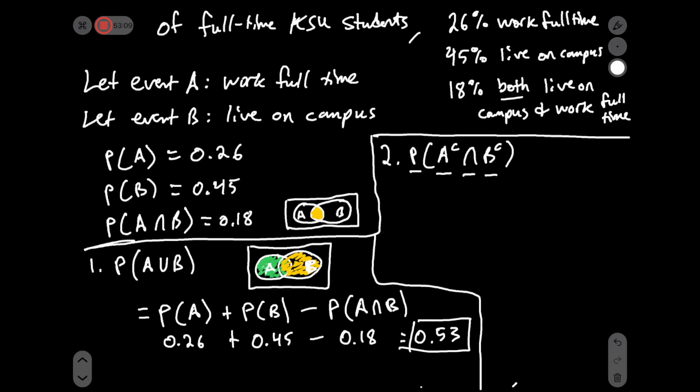To solve this problem, we need to use De Morgan's law.